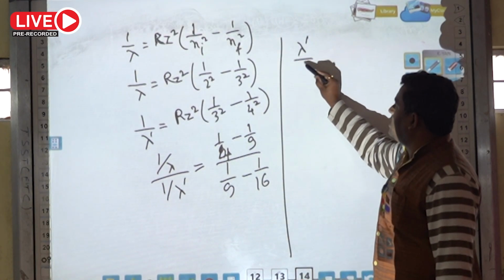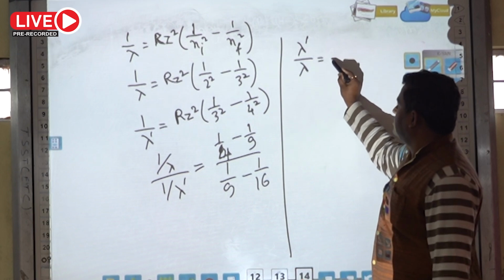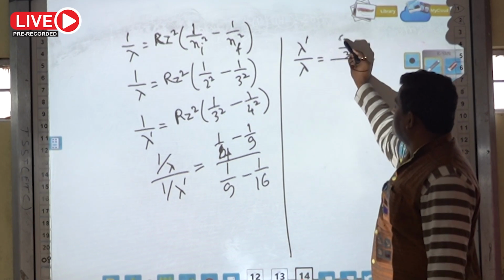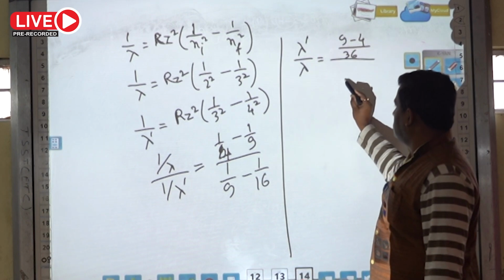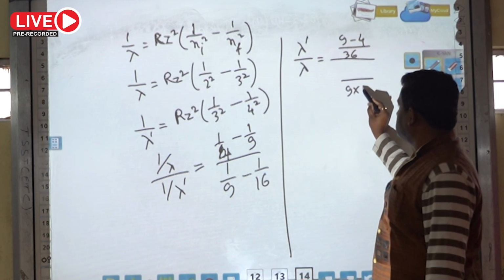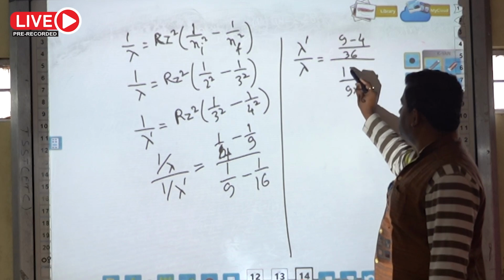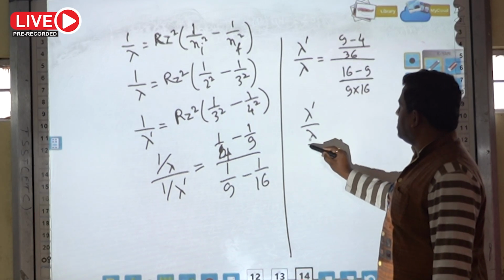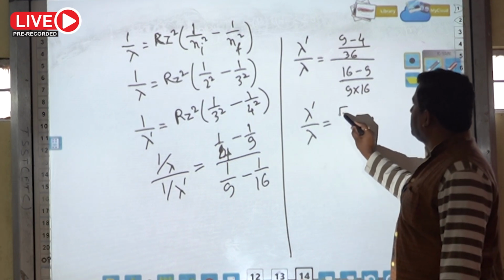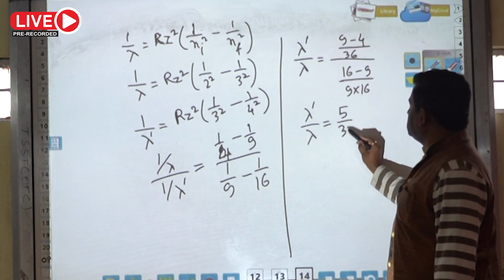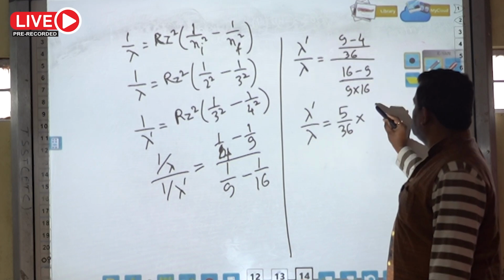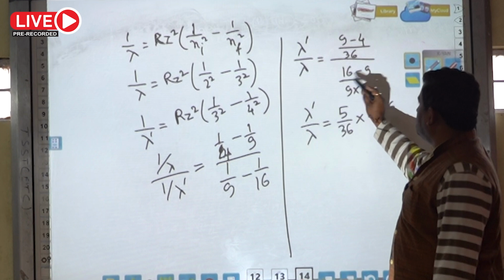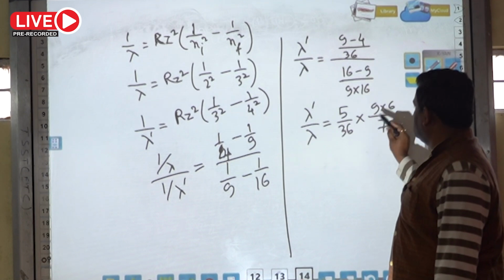So it will be lambda prime by lambda, it is 9 minus 4, and it is 9 into 16. So lambda prime by lambda equal to 5 by 36 into 9 into 16 by 16 minus 9, which is 7.